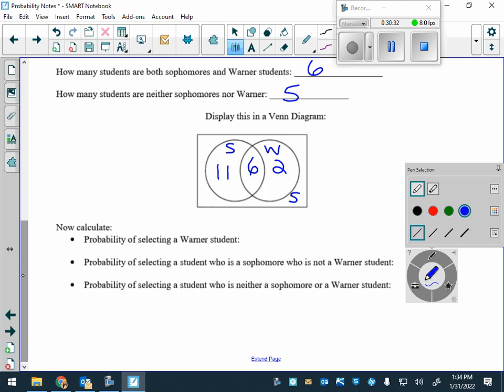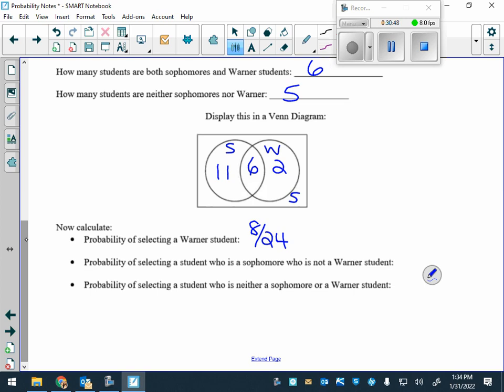What is the probability of selecting a Warner student? Nolan. 8 out of 24, which we could reduce, but we'll do it later. What is the probability of selecting a student who is a sophomore who is not a Warner House student?